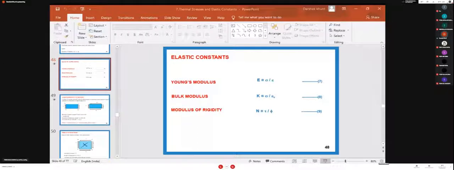And we have also derived the relationship between these three constants. So the relations between E, K, and N, meaning Young modulus, bulk modulus, and shear modulus. So we have derived these three equations. Here 1 by m is equal to mu, and mu is the Poisson ratio.